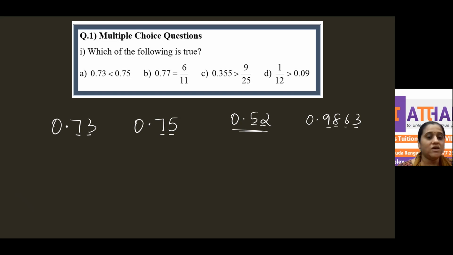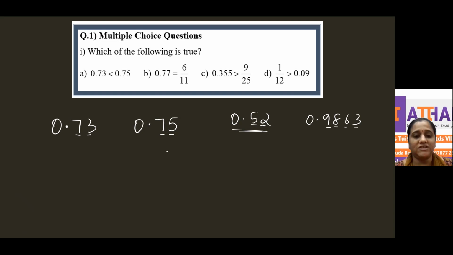If they're not like decimals, you'll have to first make them like decimals and then compare. You can compare decimals only when they are like decimals. If they are unlike, you make them like and then you compare.